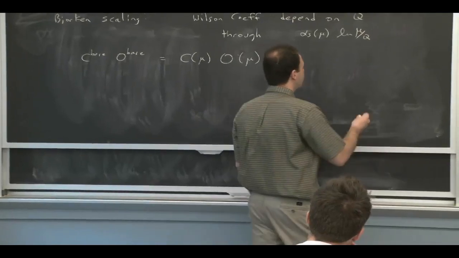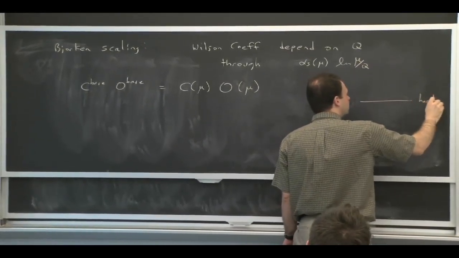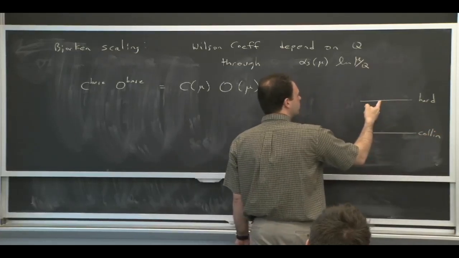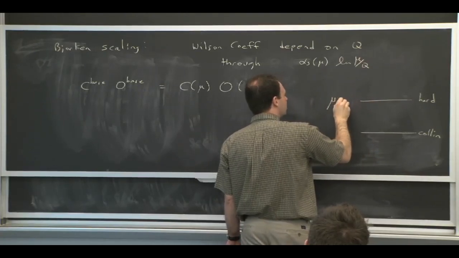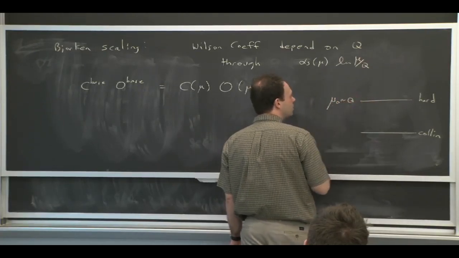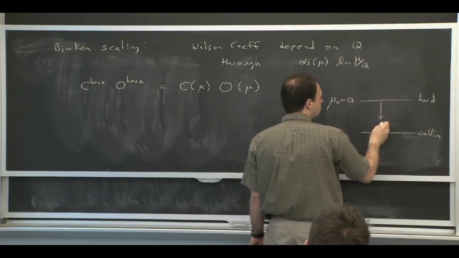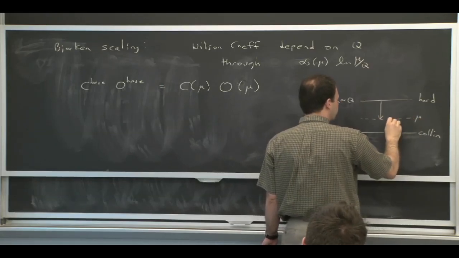You really just have the classic setup: you have some hard degrees of freedom. In this case, we can even think of it as one-dimensional. You have some hard degrees of freedom that you want to integrate out. You have some scale, which we could call mu naught, that's of order q, where we do that integrating out. And then you can run down, or you could run in a more complicated way.